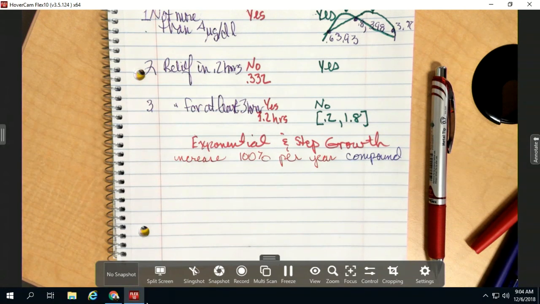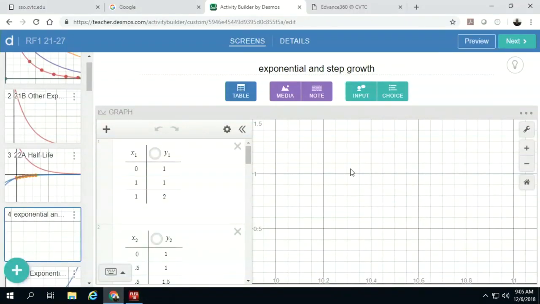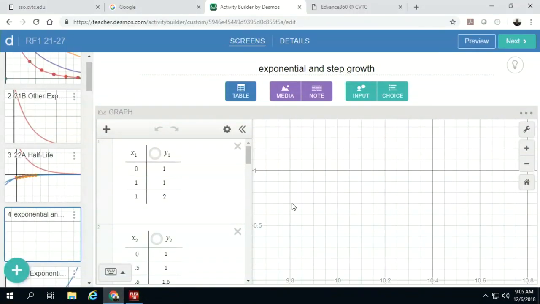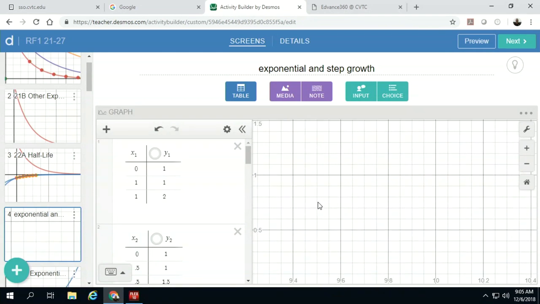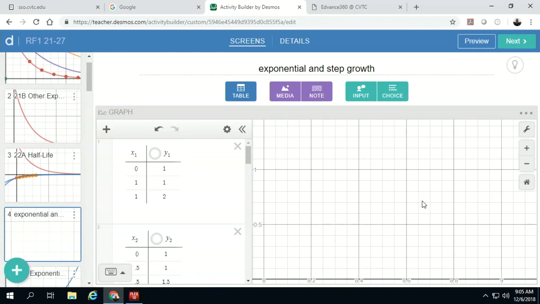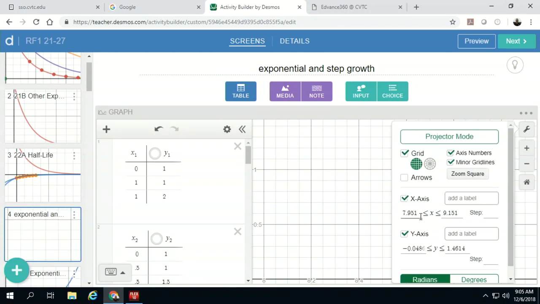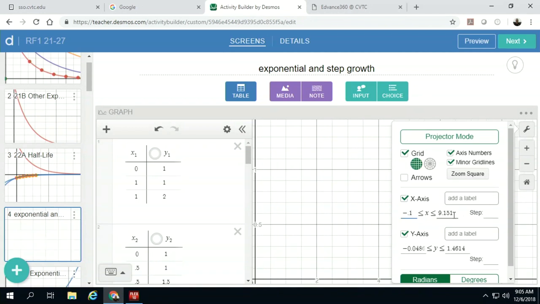Everybody good with that? So let's look at this first Desmos that I've got for you. We want to go from x equals negative 0.1 to 1.1.